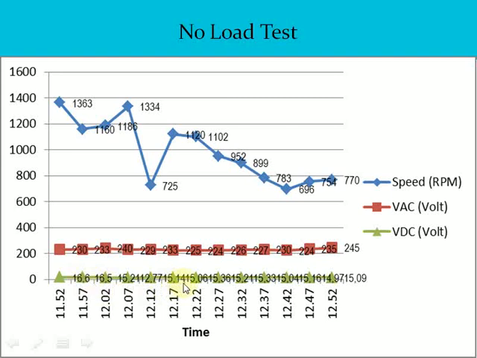The other result also informs us there is some variation, like this about 14 volts here. On the other hand, related to the VAC or alternating current voltage, the result of the measurement is about 220. There is also some variation in the output here.